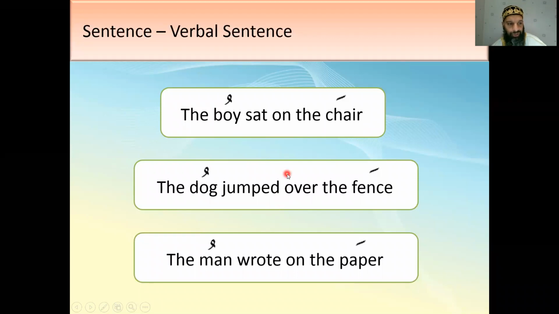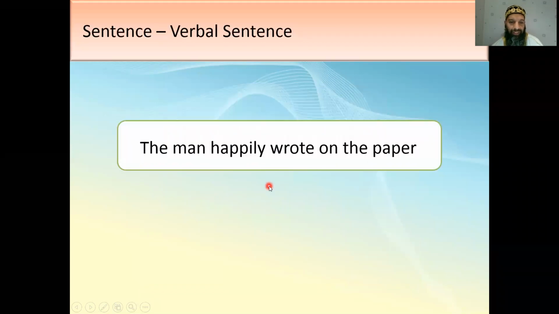Somebody said great examples. Got some more cheesier ones, yeah. The man happily wrote on the paper. So where's the verb? Identify the verb. Wrote. Okay, now look. Once you've got the verb, look to see who's doing the verb. Man. So the man is the doer. So the man is going to be marfu.